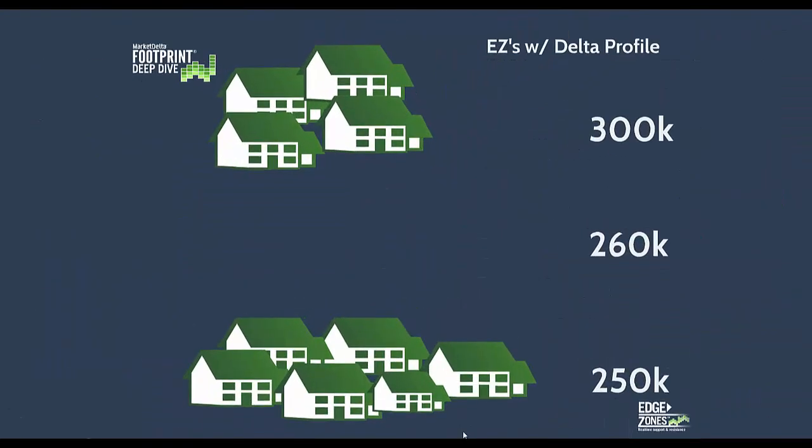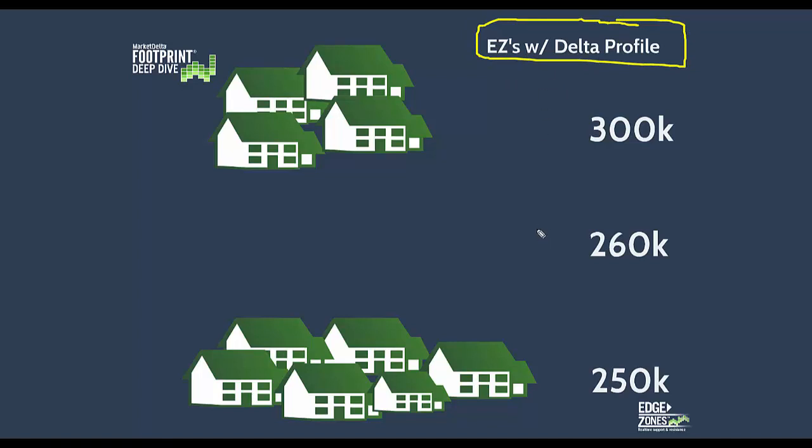Now let's go to my favorite slide of this video. You see pictures of a house. Now stay with me on this one. Hopefully this helps wrap up everything and creates a metaphor that'll help you understand the dynamic of why these are important and why they create high probability areas, okay? So, first off, EZs are what? Edge zones, the acronym for it, with the delta profile.